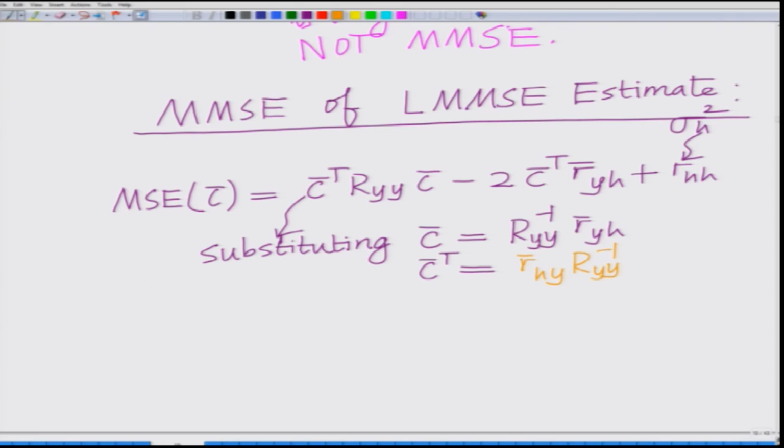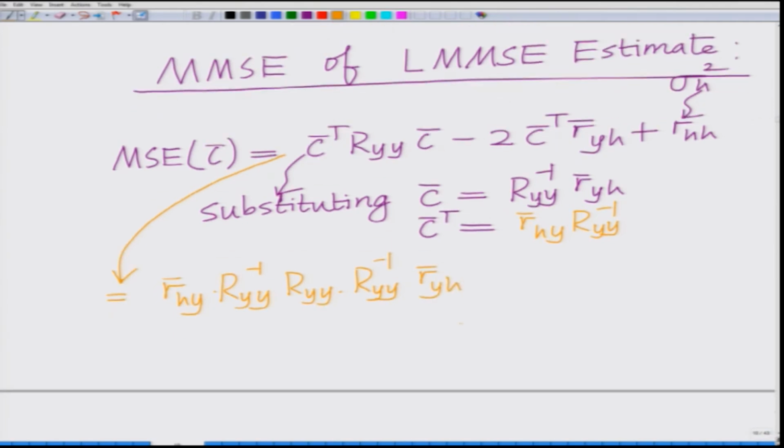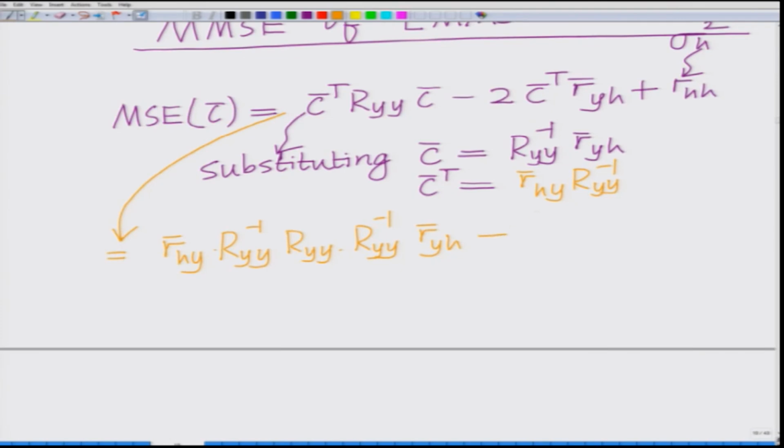So, we can substitute that expression here, and therefore, this becomes R bar HY into RYY inverse into RYY into RYY inverse into R bar YH, minus twice C bar transpose, that is minus twice R bar HY RYY inverse into R bar YH, plus RHH, which is sigma h square.